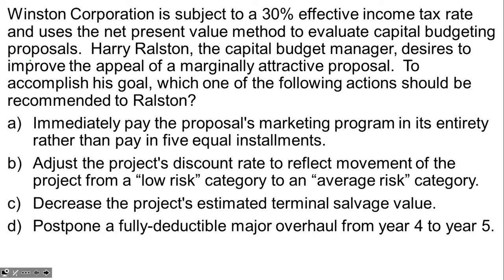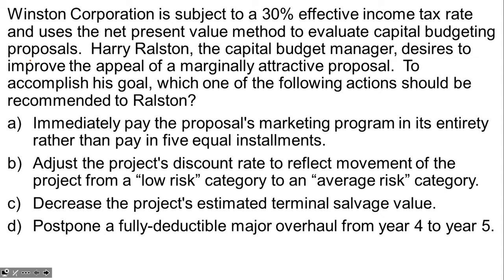We can simply have more inflows, no matter what time period within the project, or we can decrease the outflows. Whether it's the first year or the last year, if we decrease the outflows, that's also going to increase our net present value. So what we're looking for is one of these choices that's really going to do one of those things that's going to cause the net present value to increase.